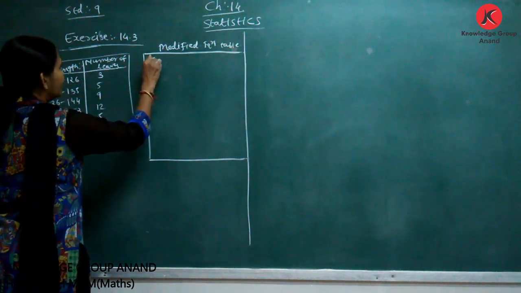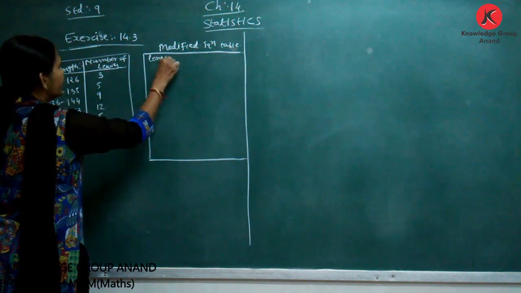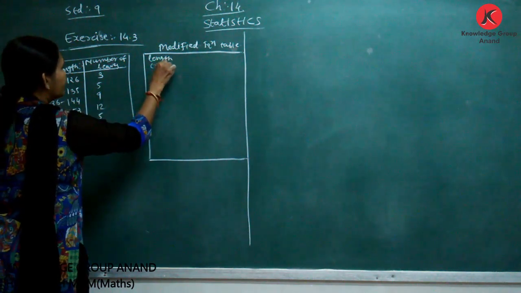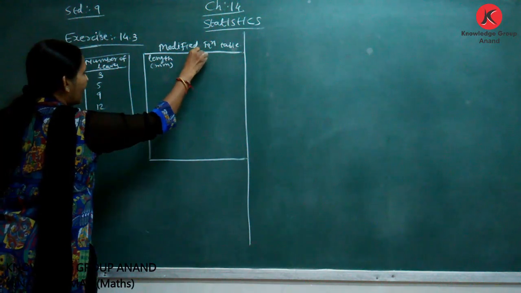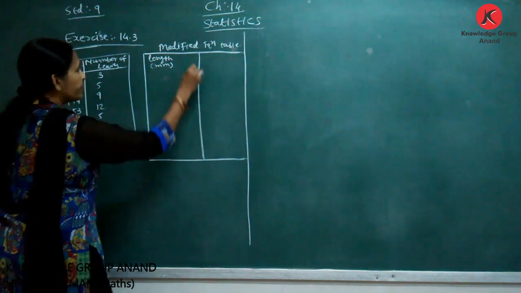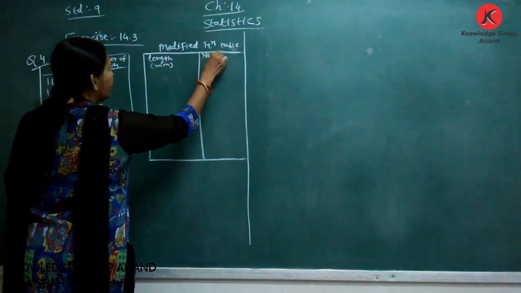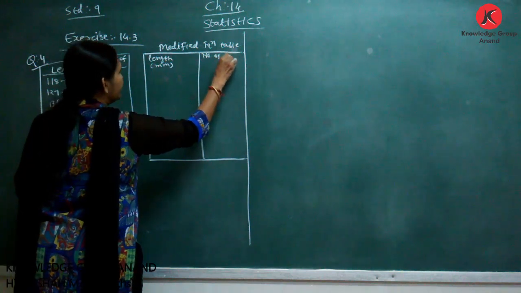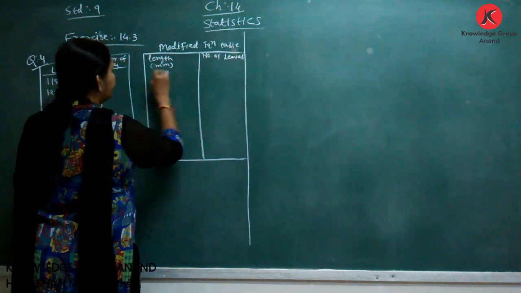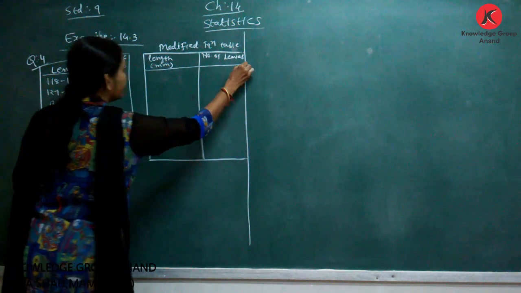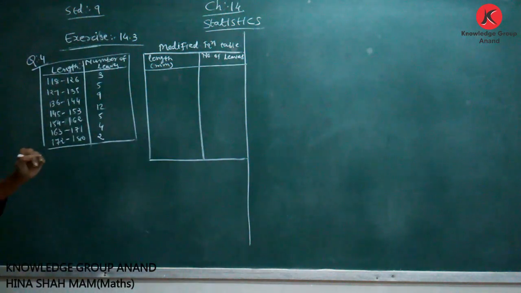Here, length in millimeter and number of leaves. How do we make a continuous class distribution?